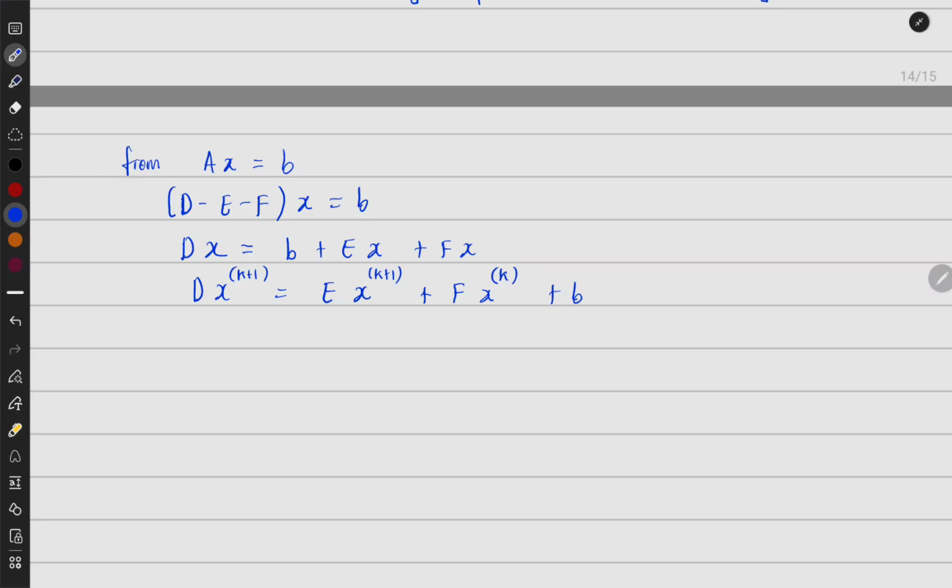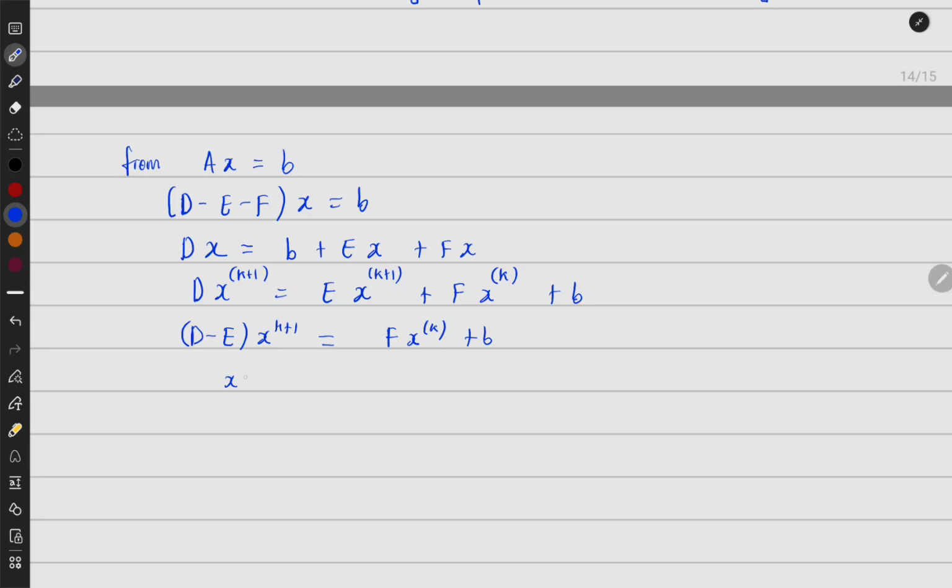But I need this in the general form, so I have to make the x power k plus 1. So this is going to be (D minus E) times x^(k+1) equals Fx^k plus b.